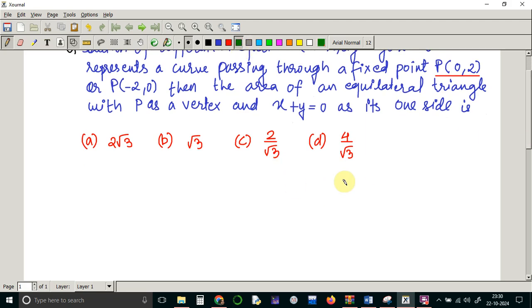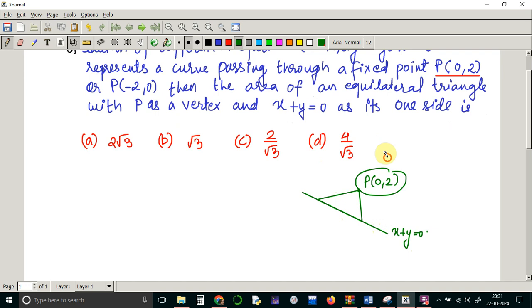So a rough sketch could be like this. If this is a fixed point P, and this is an equilateral triangle having one vertex, so assume that this is the equilateral triangle and this is the line x plus y equals 0.